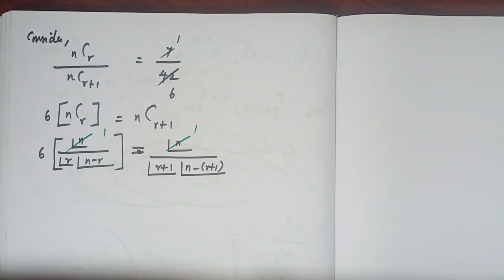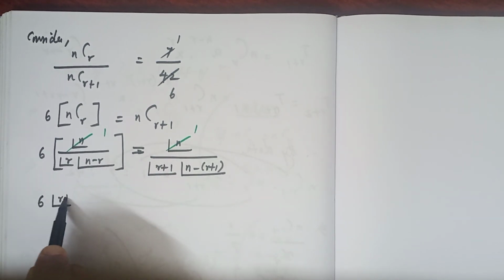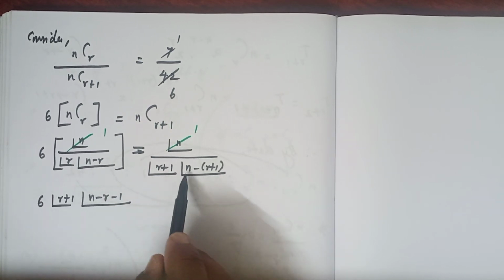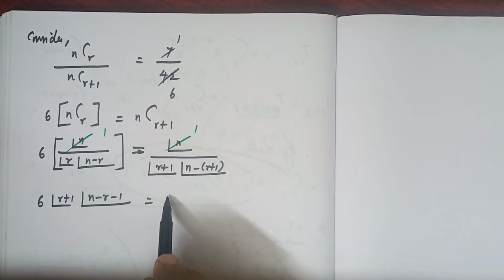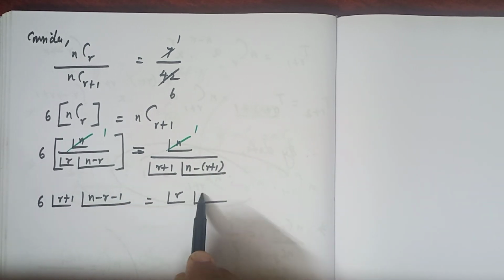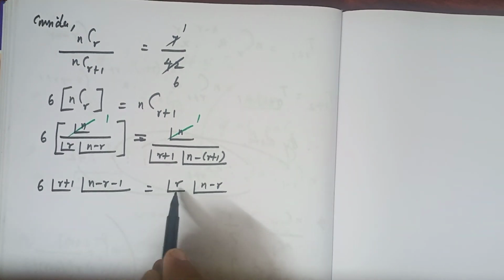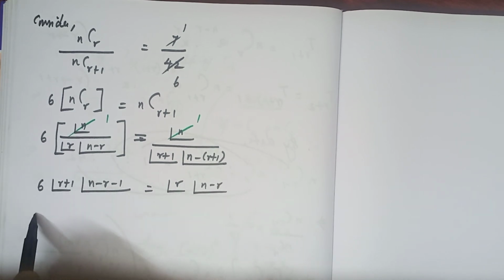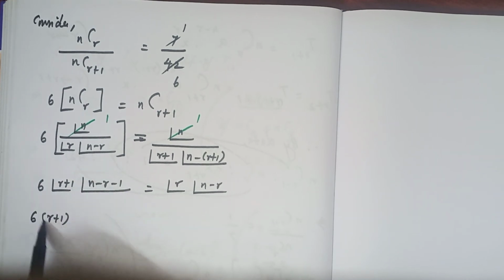Again cross multiply. We'll be getting 6 into factorial r plus 1 into factorial n minus r minus 1, that is equal to cross multiply factorial r into factorial n minus r. Now r and r plus 1, which one is greater? Obviously r plus 1 factorial is greater, so this itself can be written as, inside the factorial r plus 1, write as it is.